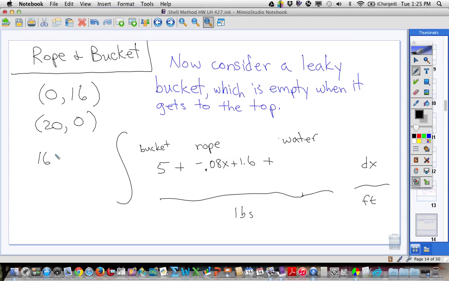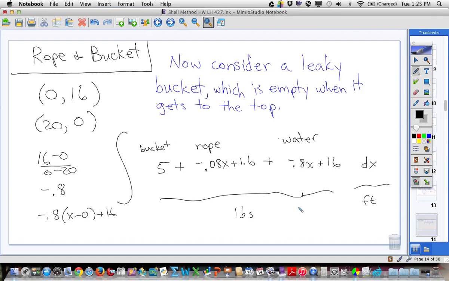So again, we can do 16 minus 0, 0 minus 20, so that's negative 0.8. So it would be negative 0.8, and then pick one of those points, x minus 0 plus 16. So that's negative 0.8x plus 16 is your water.